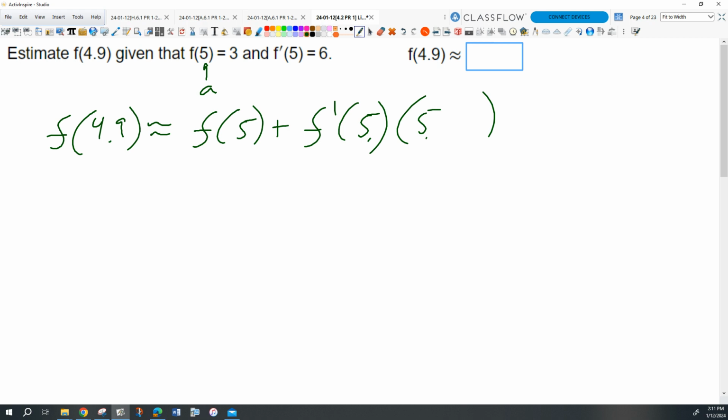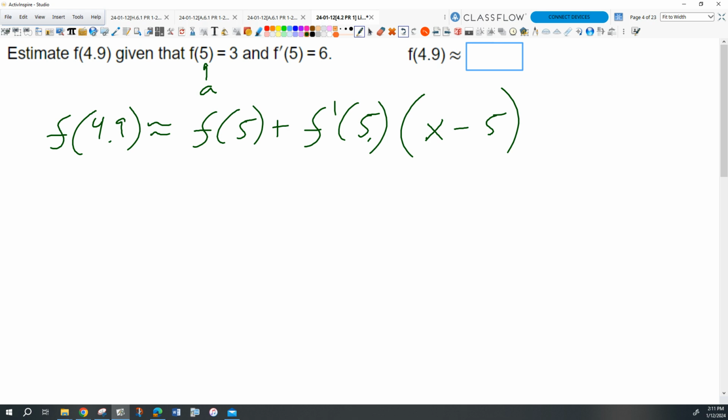So that would be 5, I got it backwards. You guys tell me, what would it be? Well, it's going to be x minus 5, right? Yeah. And so if we're trying to estimate, there's our linearization.